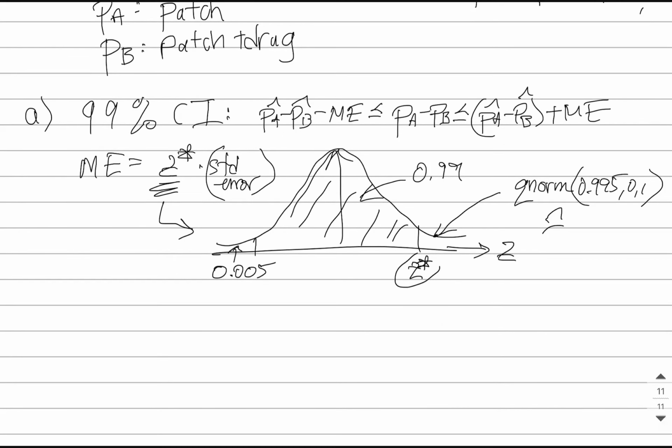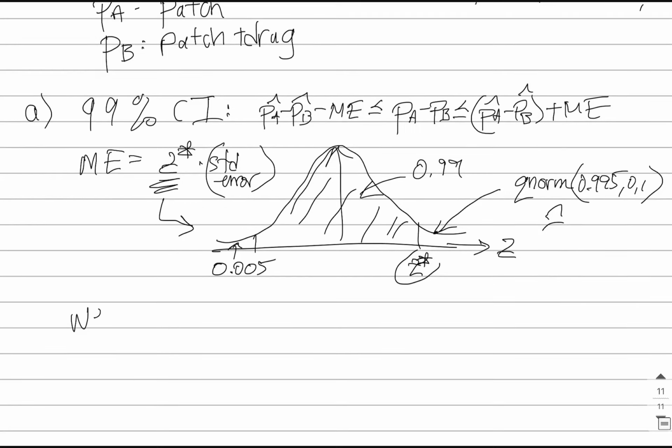Now, if you build this, you can either use the prop.test command, or you can build it out manually. So in the code that I've provided for you, I have given you both of them. Now, both of them will return the same result. In this case, we are fortunate that R gives you the same value for its built-in test, which makes it really frustrating that it doesn't do it for the one sample proportion.